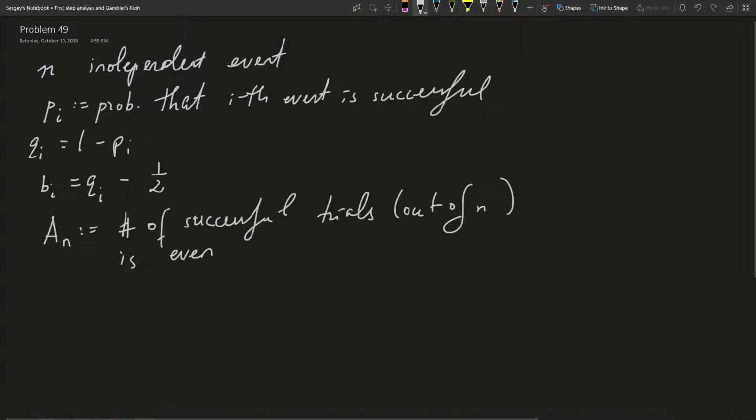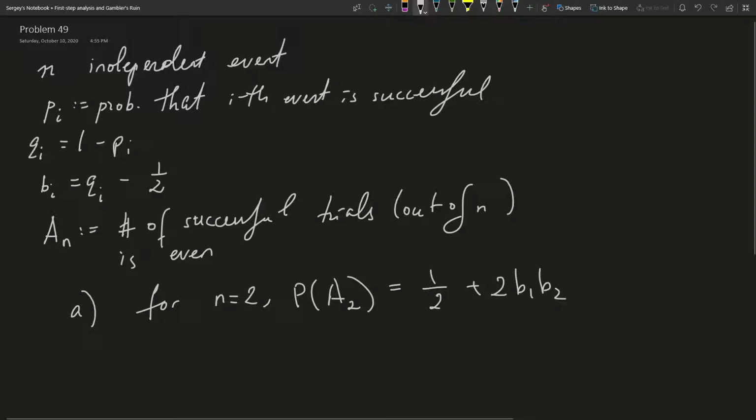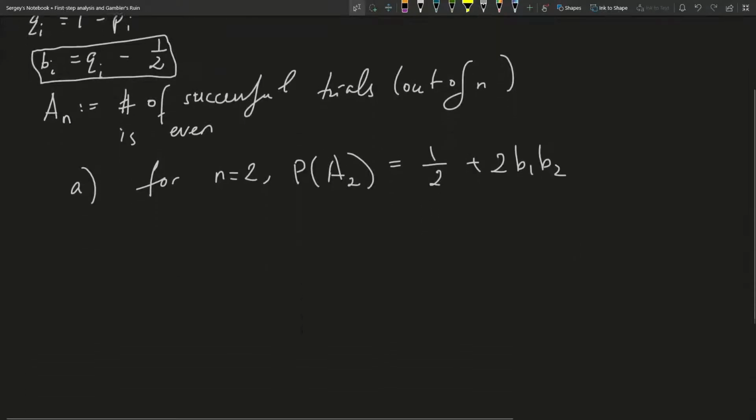So in part A of the problem, we're asked to show that for n equals 2, the probability of A sub 2, in other words, the probability that out of two trials the number of successes is even, is equal to 1/2 plus 2 times b1 times b2, where b1 and b2 are defined as such: q sub 1 minus 1/2 and q sub 2 minus 1/2.